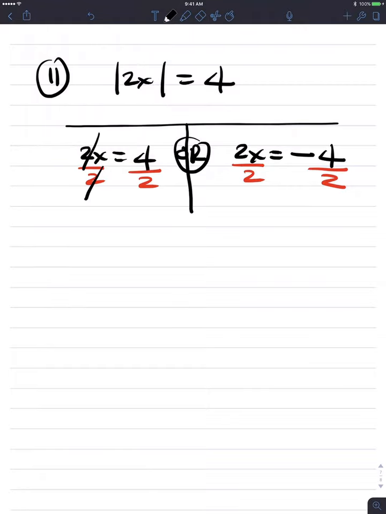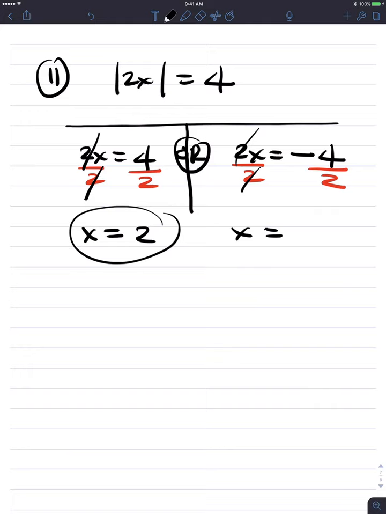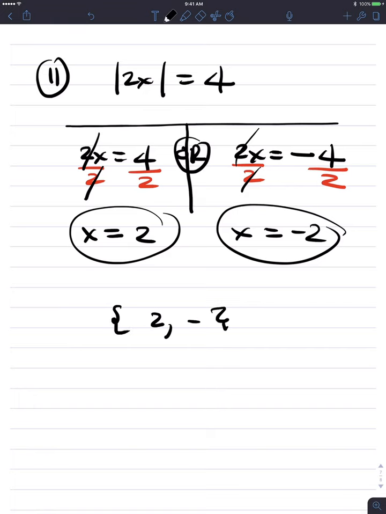Get rid of your 2's, and you get x is 4 divided by 2, which is positive 2. 2's cancel. X is negative 4 divided by positive 2, which is negative 2. Your solutions are positive 2 and negative 2. You're done.